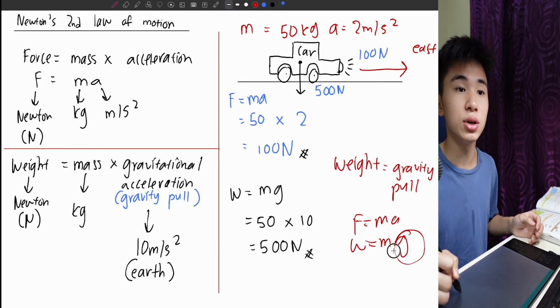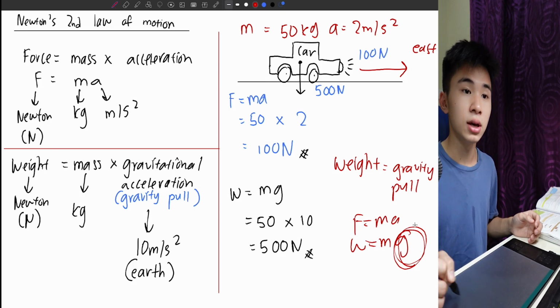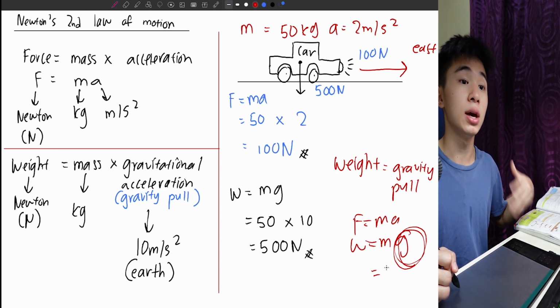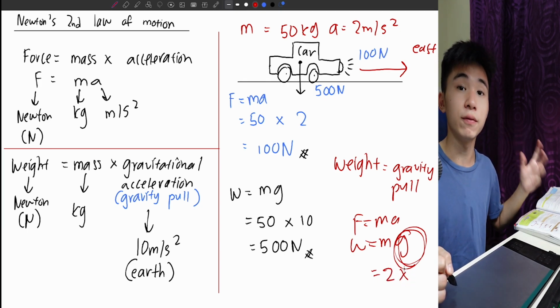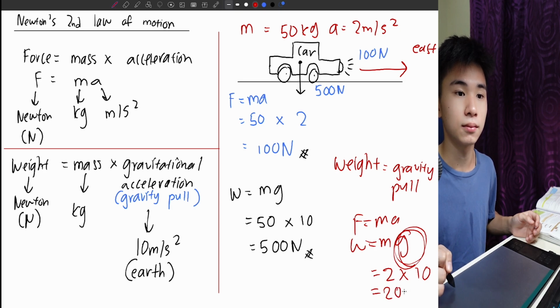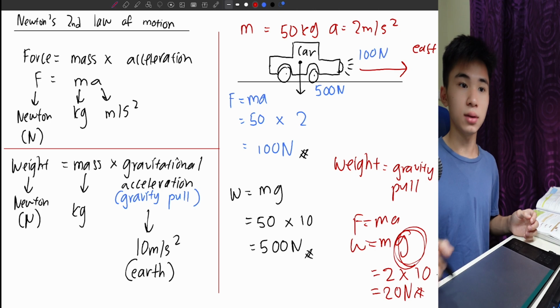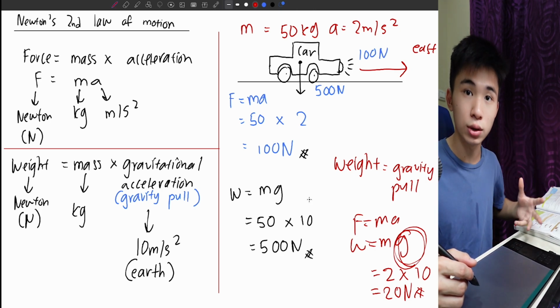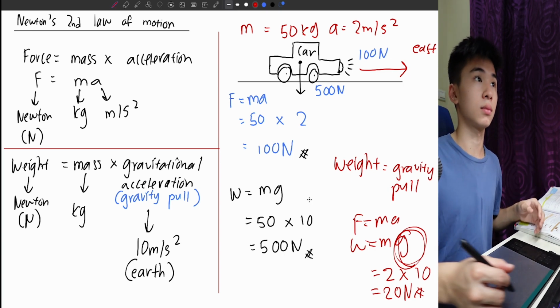This g is your gravity pull. So if the mass of the object is 2 kg, on Earth you just have to times 10, and it is going to be 20 newtons. Our weight is always facing downwards, in the down direction.